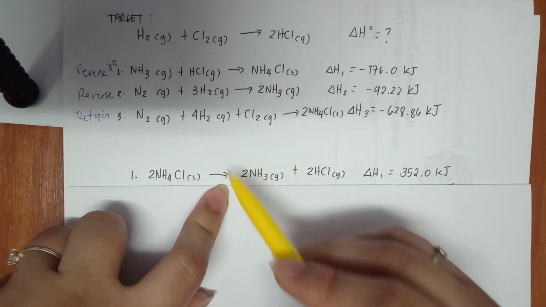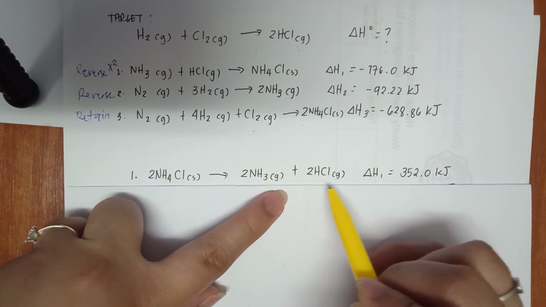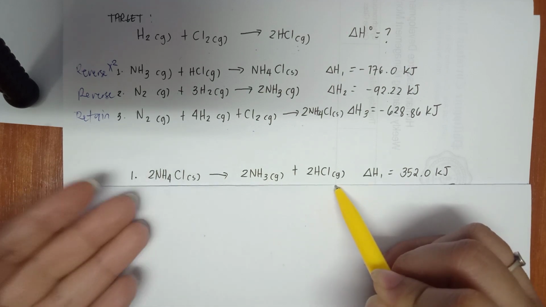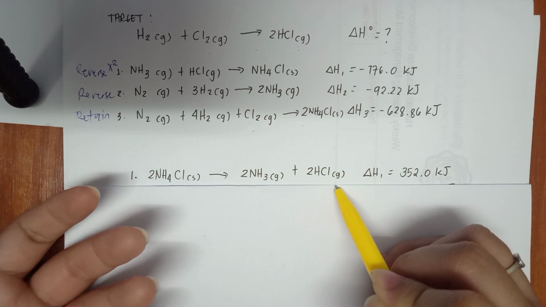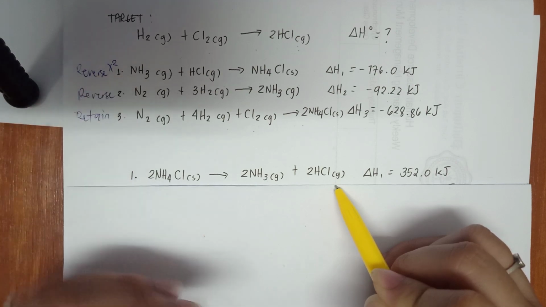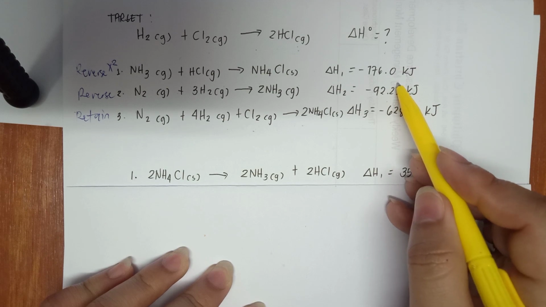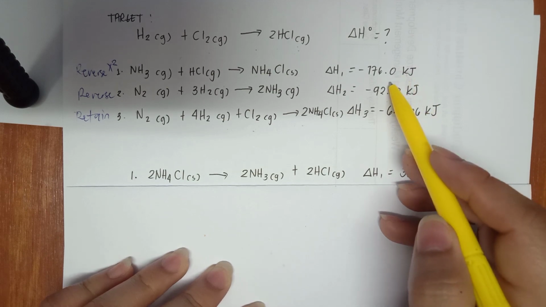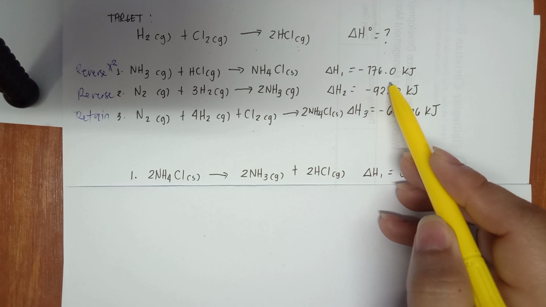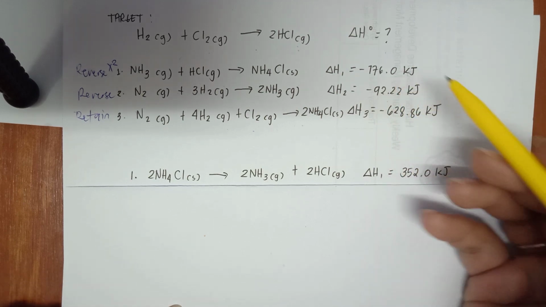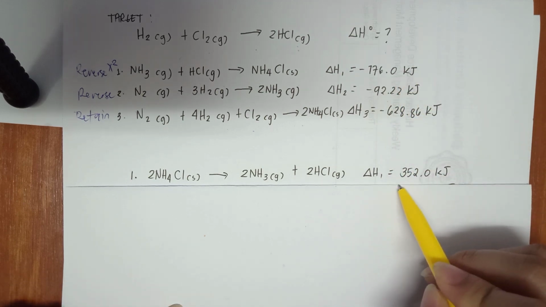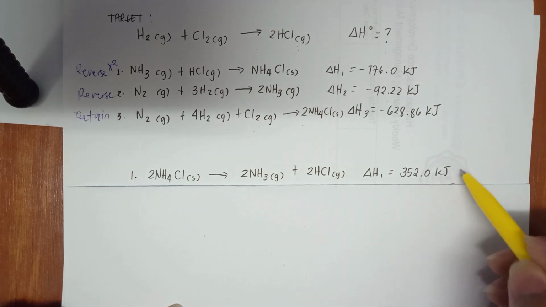So, since na-reverse at pinultiply natin by 2 ang ating equation, we have to do it also to the enthalpy. So, i-multiply natin by 2 ang 176 at i-reverse natin ang kanyang sign. So, magiging positive 352.0 kilojoule.